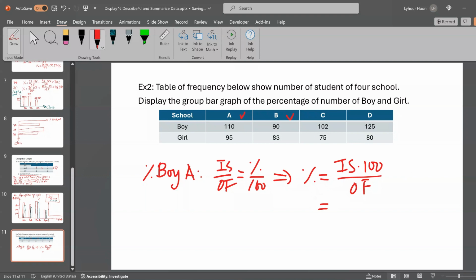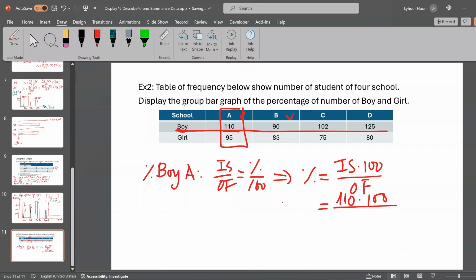What is and what is of. Now we find the boys. The number of boys for school A is 110. 95 is the number of girls.